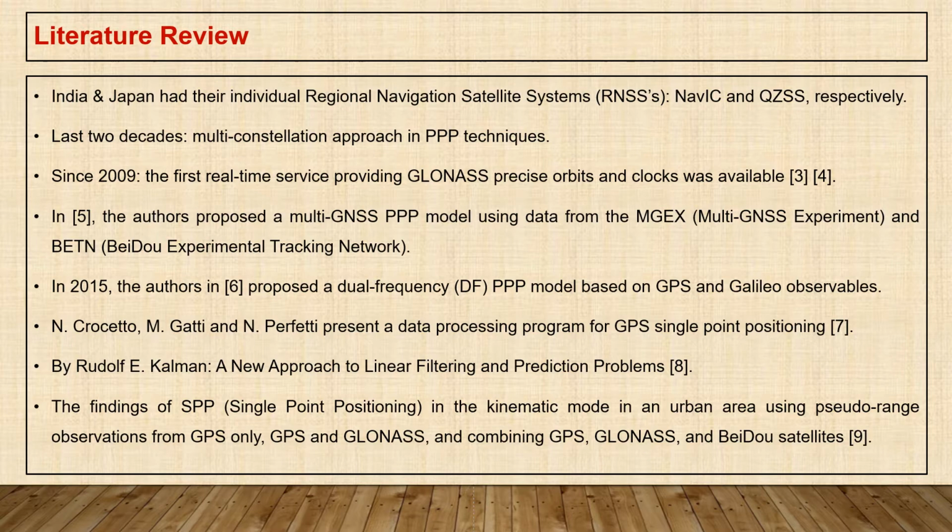Such findings were helpful in SPP, and to run it in the kinematic mode in an urban area. There were decisions made for pseudo range, and such observations were combined with the performance of GPS, GLONASS, and other satellite combinations. And finally, the NavIC receiver was chosen for the Indian regional navigation system, and it was developed and advanced in such a way that it could have an optimized approach for detecting the precise position of the receiver stationed on Earth.